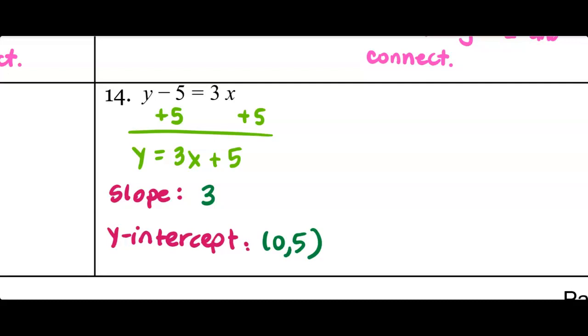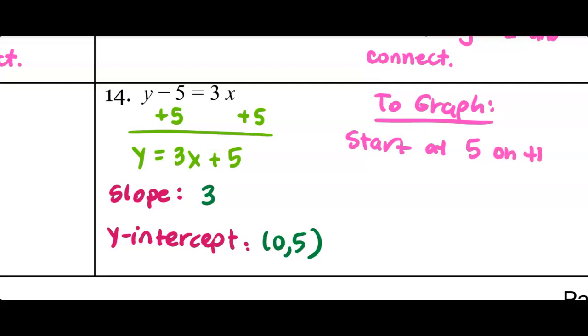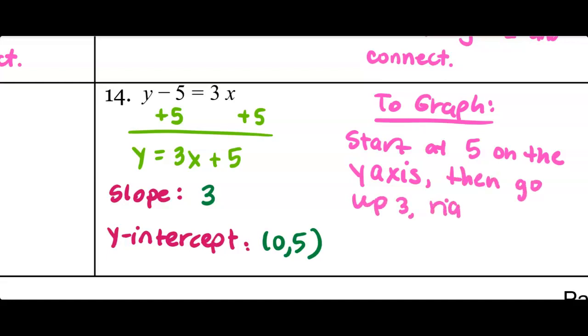So to graph this, we're going to start at 5 on the y-axis, then go up 3, right 1, and connect. And we want to go up 3, right 1 because we need to remember that if it's a whole number, we need to put it over 1 to make sure that we have a rise and a run. And since it's positive, we're going to go in 2 positive directions, up and right.